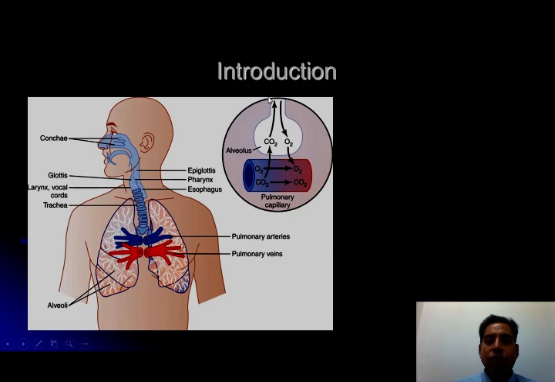Now the ventilation which is coming in is rich in oxygen, and this oxygen is exchanged across the capillaries, across the respiratory membrane at the level of the lungs. Now, this exchange is the part which we are going to deal with. So the oxygen is transferred from the alveoli into the capillaries, and the carbon dioxide which has been brought to the lung by the pulmonary capillaries will be exchanged at the level of the alveoli, so this can be breathed out.